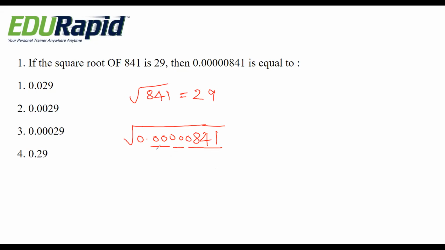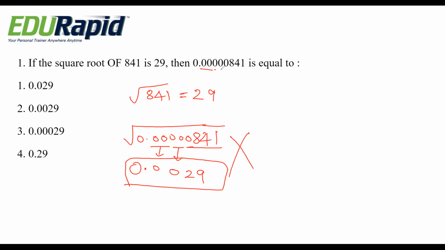Here for the 2 zeros it becomes 0, for the other 2 zeros it becomes another 0, and 841 becomes 29. So it becomes 0.0029.